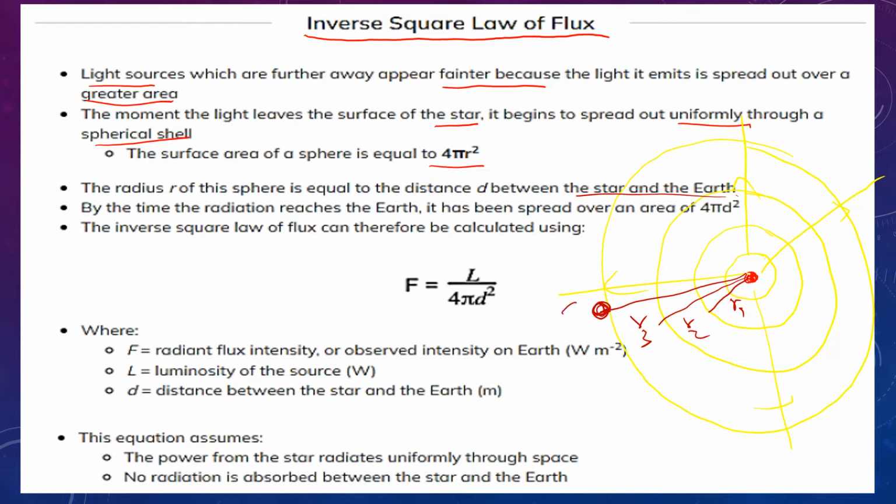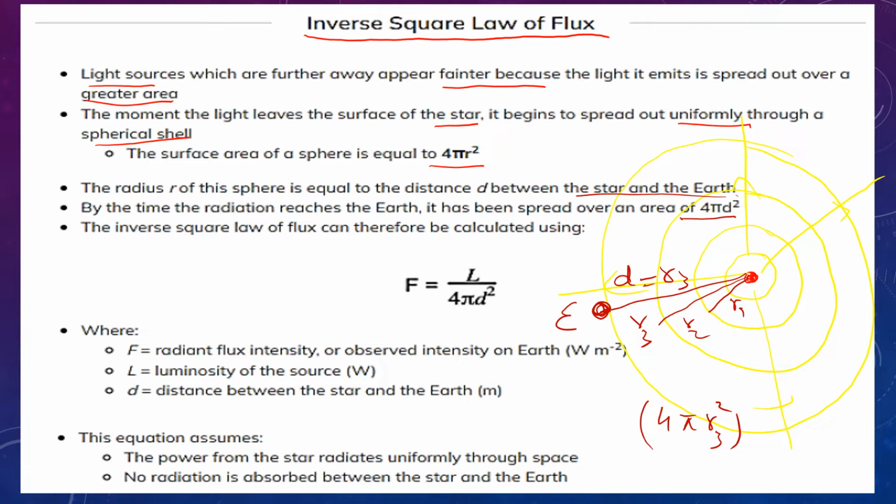Let's say Earth is over here, so we can say that the distance of the Earth from that star is r3. By the time the radiation reaches the Earth, it has been spread over an area of 4 pi d square, and in this diagram it is 4 pi r3 square.